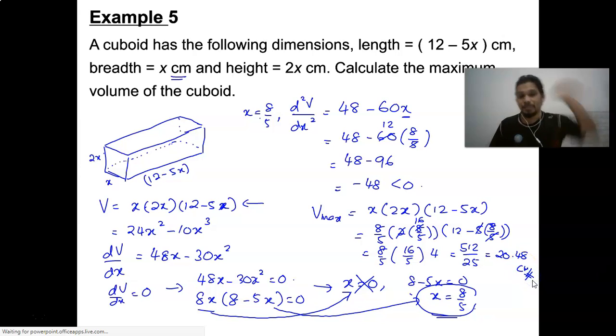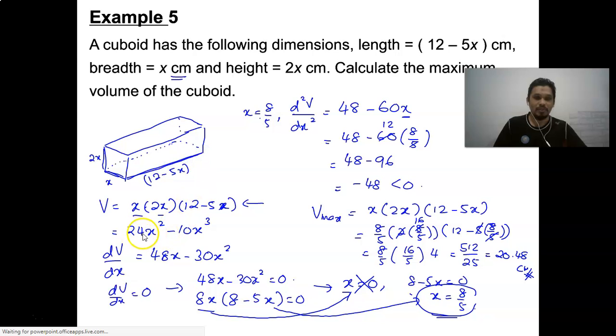So now, the first step here: we form the equation of this one, the breadth multiplied with the height and multiplied with the length, 12 minus 5x. Then we form the equation 24x squared minus 10x cubed.